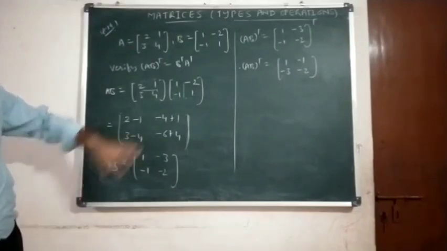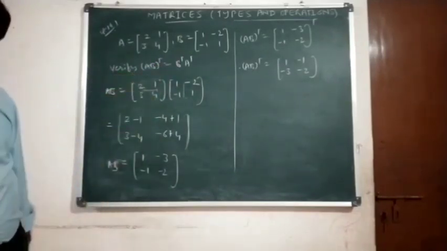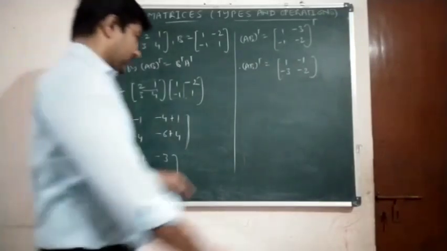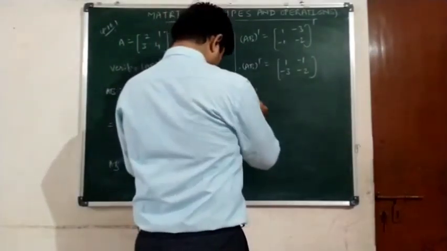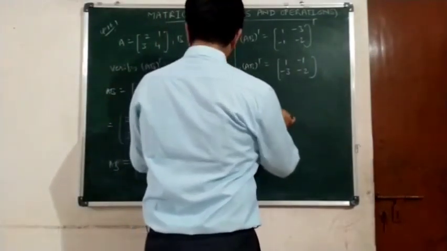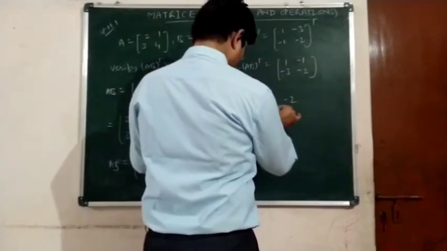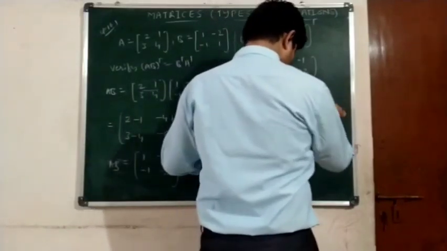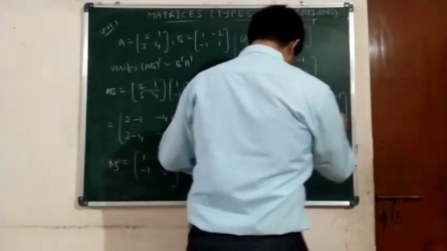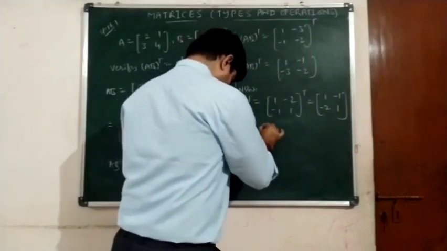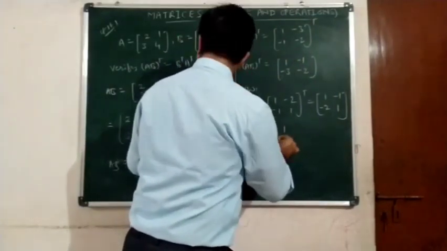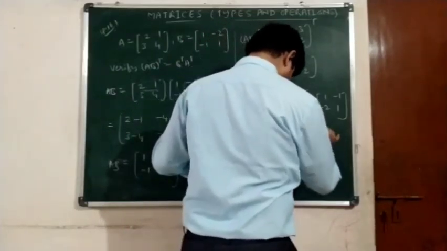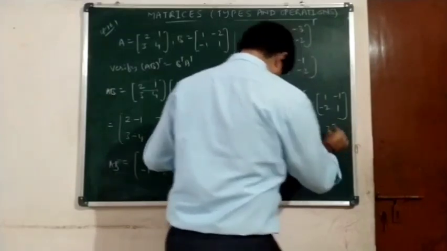Clear? Now we will find out separately B transpose, A transpose, and then we will take the product. Okay, so now B transpose is equal to matrix B, which is 1, minus 2, minus 1, 1 transpose, which is equal to 1, minus 1, minus 2, 1, and A transpose is 2, 1, 3, 4 transpose, which is equal to 2, 3, 1, 4.